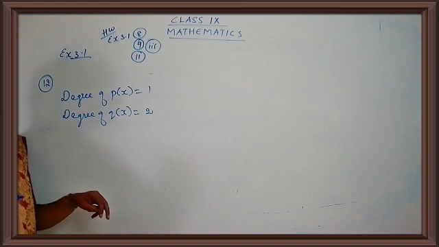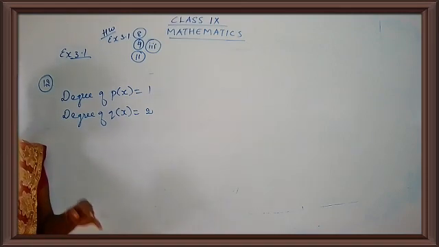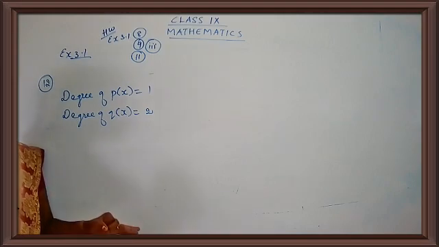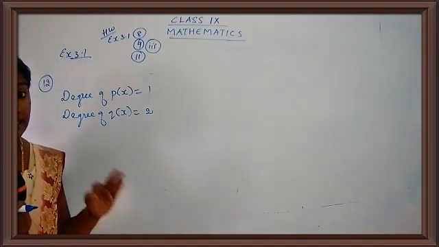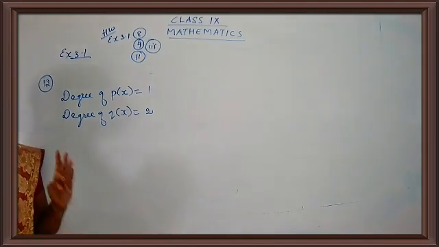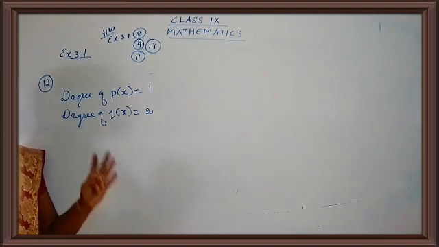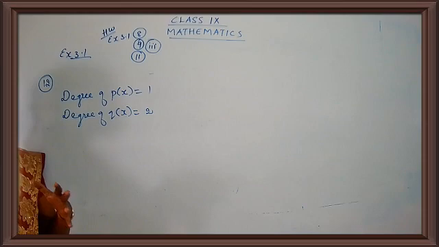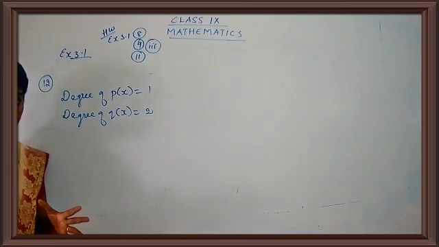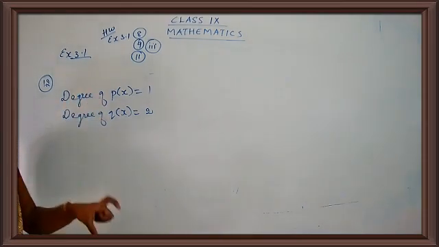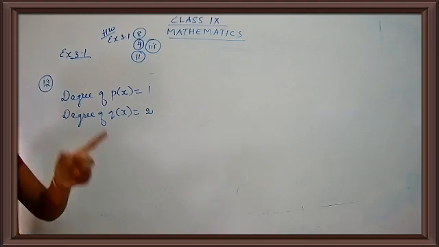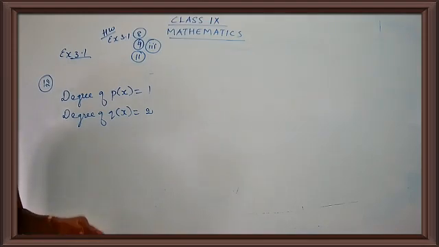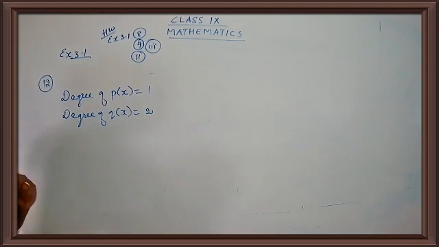So your answer will be a constant polynomial if the degree is 0, a linear polynomial if the degree is 1, a quadratic polynomial if the degree is 2, and a cubic polynomial if the degree is 3. So out of the 4, you will have any one as the answer. You will not get all 4 answers together. Constant, linear, quadratic, cubic. Let's find out what our answer will be.